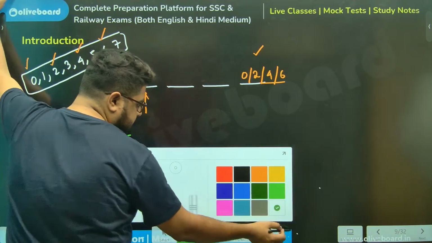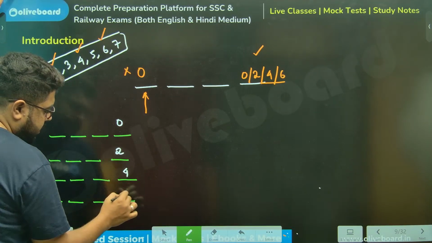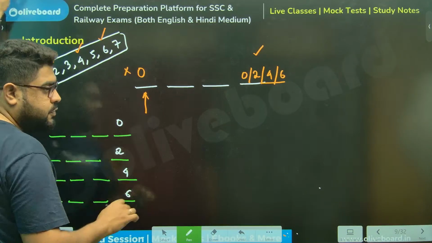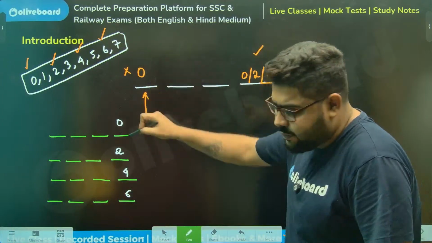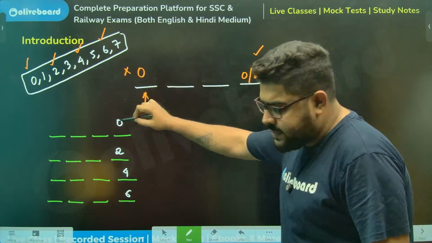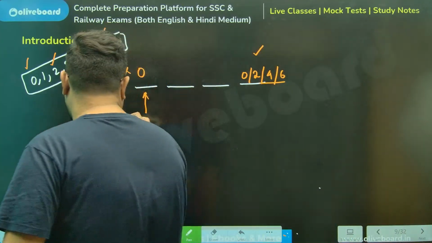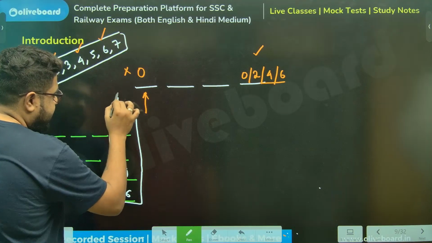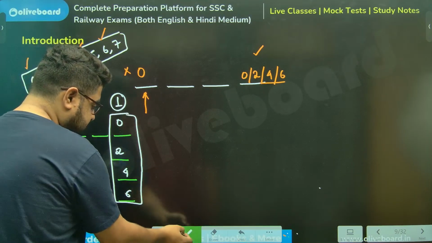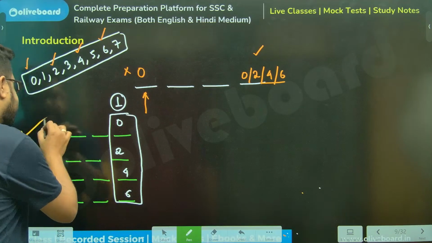What I'm writing here is 0, then 2, then 4, then 6. These are not the number of choices, these are the exact values: ending with 0, ending in 2, ending in 4, ending in 6. That means the number of choices for each is 1.